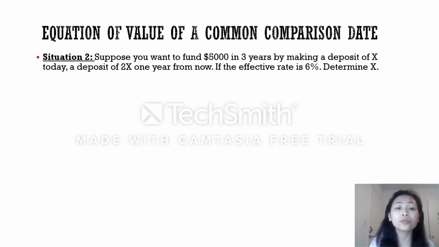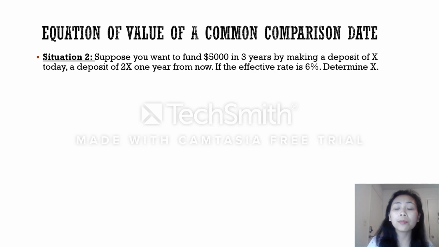Situation 2: suppose you want to fund $5,000 in 3 years. For example, you are raising a fund for your college. Right now you are in grade 10 and you are saving money for college. So your target is to have $5,000 in 3 years.